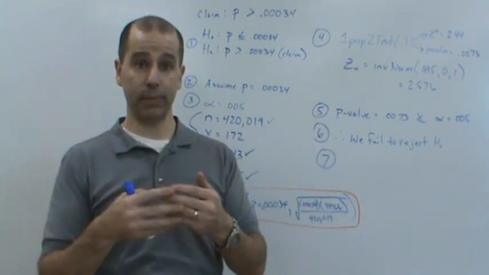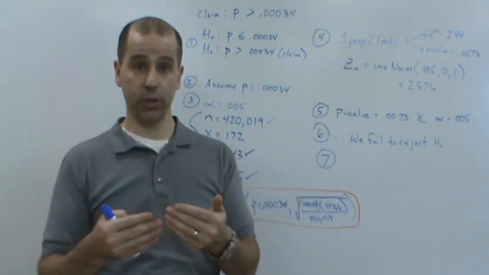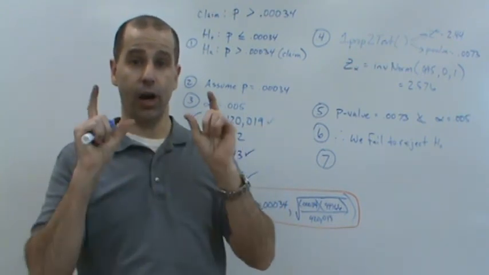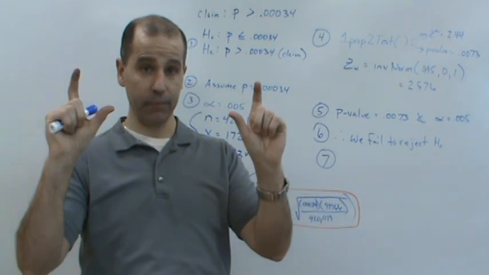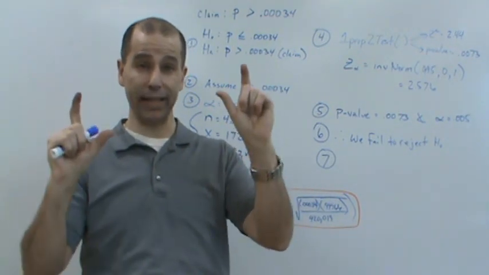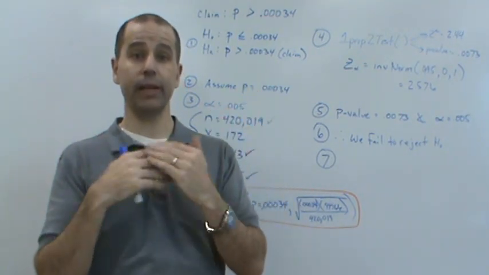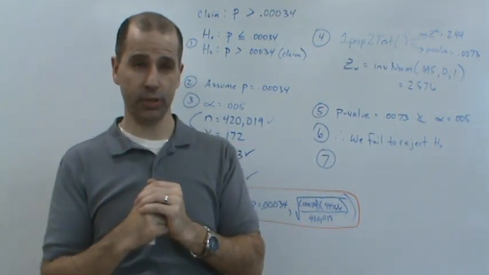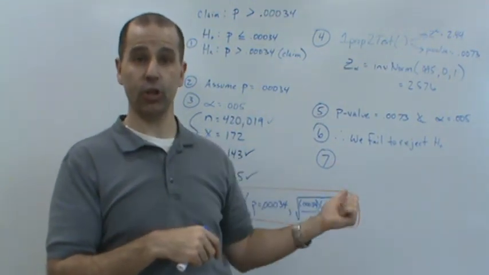Either the two population means or the two population proportions, and we're going to use the same 7 steps. Our hypotheses are going to look different because we're going to deal with two means now, and we're going to be considering the differences between means and the differences between proportions. But then everything else is going to look the same.